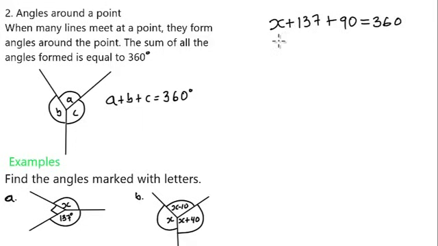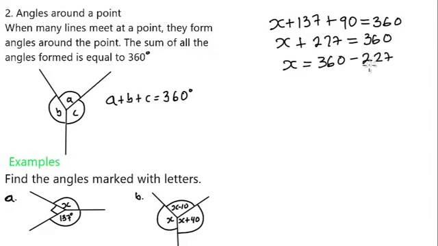Now we are going to have x plus 137 plus 90 will give us 227, and this is equal to 360 degrees. And so making x the subject, we are going to have x equal to 360 minus 227. Now from here, x will be equal to 133 degrees. And so yes, that is the value of x in A.